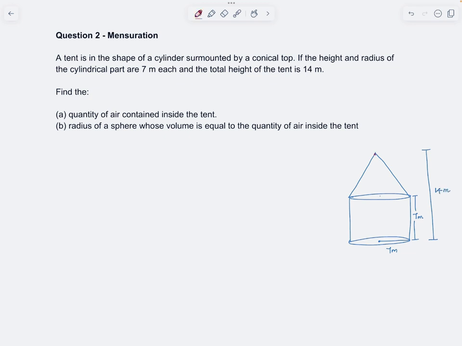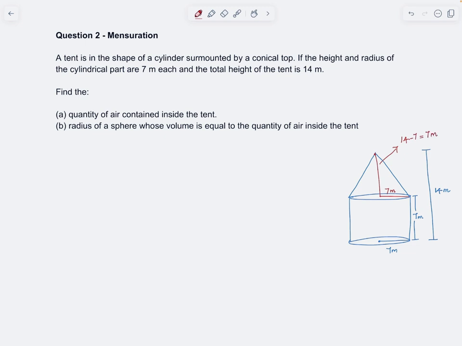From this information we can get the radius of the conical part and the height of the conical part. The radius of the conical part is the radius of the cylinder, so this is also 7 meter. And for height, let us subtract the height of the cylinder from the total, that is 14 minus 7, that is also 7 meter.